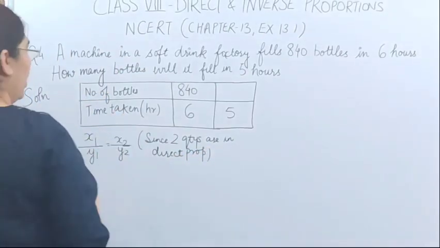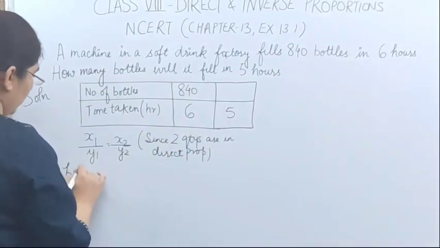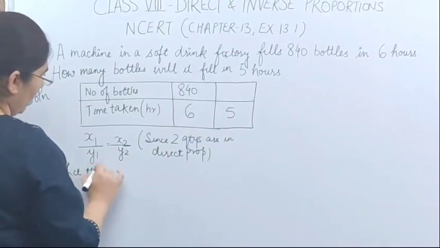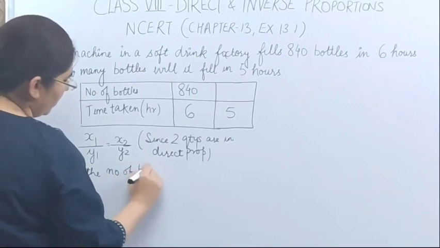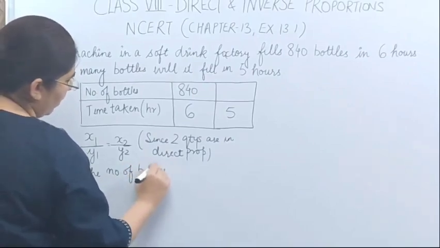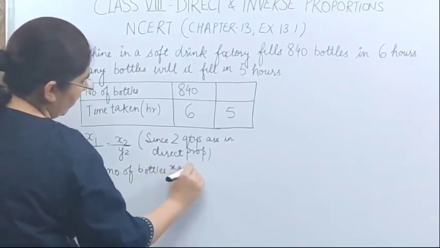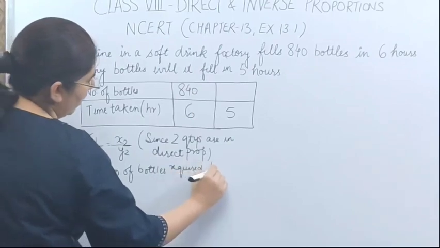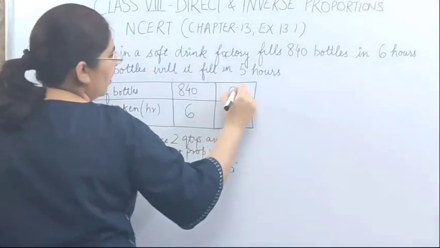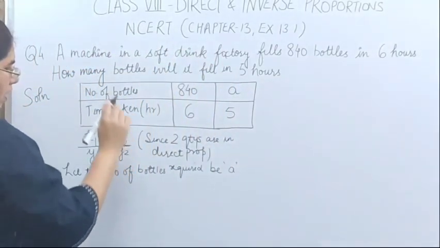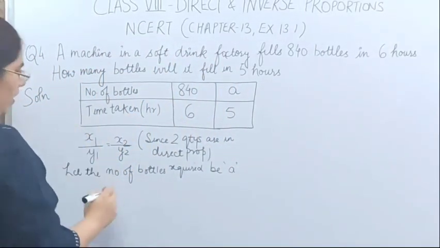Now let the number of bottles required be A. So here we put A. Now just substitute the values.